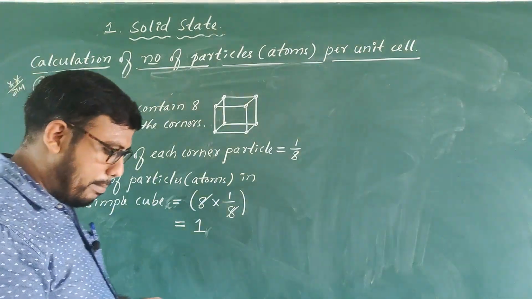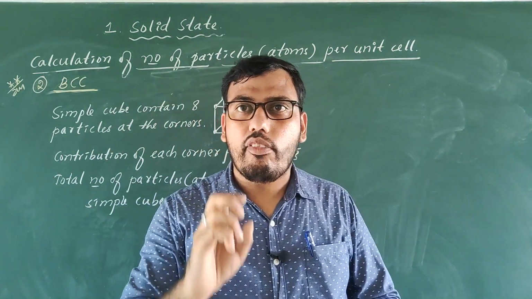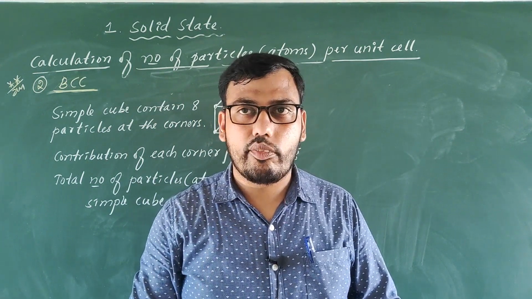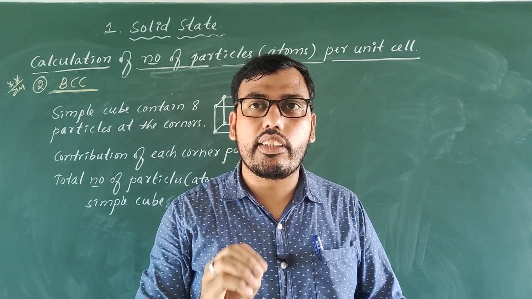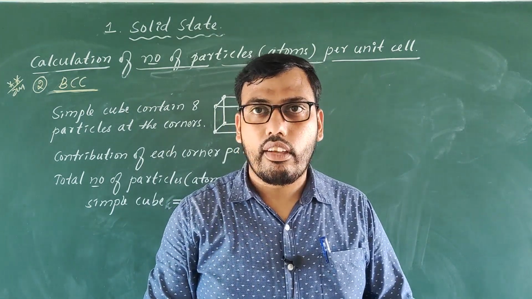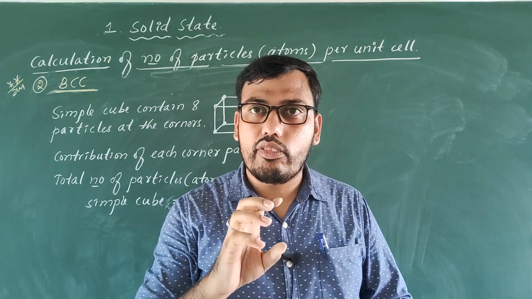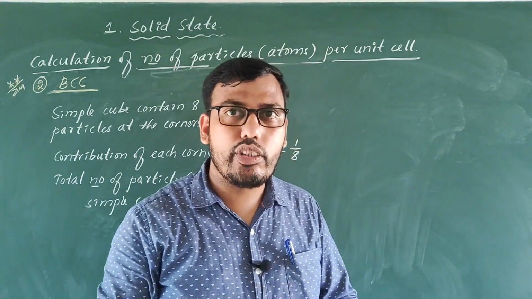See here, in simple cube what happened? We have only one type of particle, means particles present at the corners. In BCC, the name itself indicates body centered cube. So body center in the sense there is one particle present at the body center, that we have to remember.